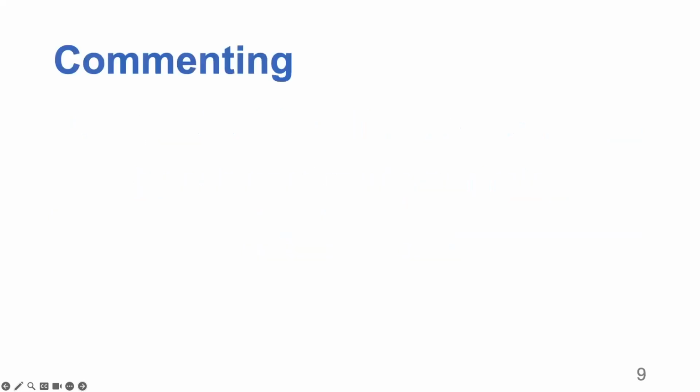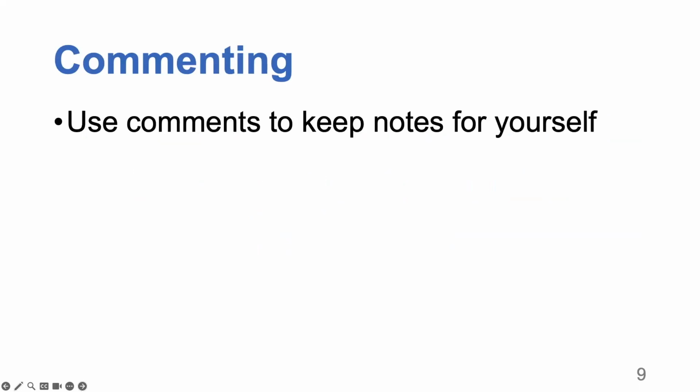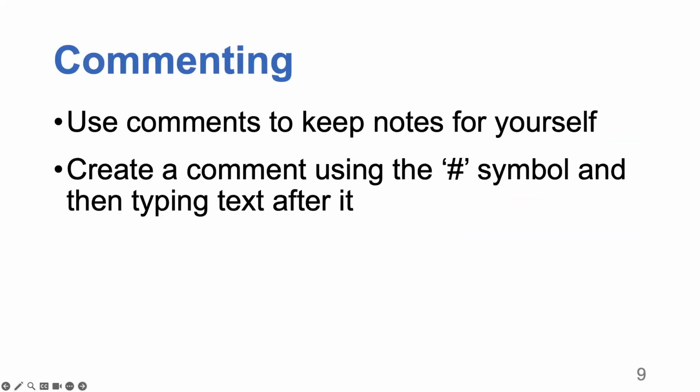Another thing that is helpful to think about while we're orienting ourselves to RStudio, and if you're a programmer in another language you probably know this is important already, is the idea of commenting. Comments are just a way of keeping notes for yourself in your code. And in R, what you do is you use a hashtag symbol, and then you can type text after it.